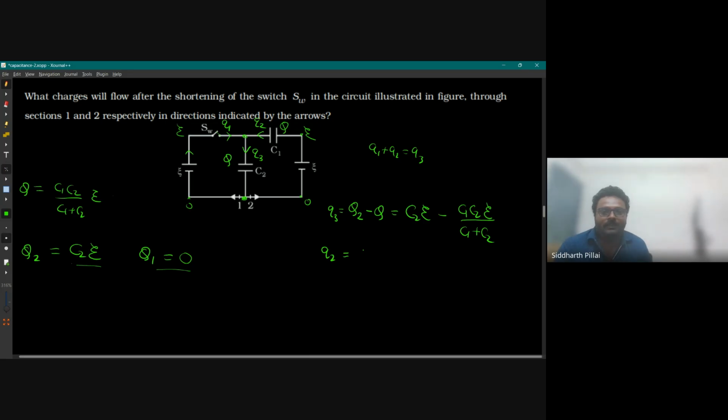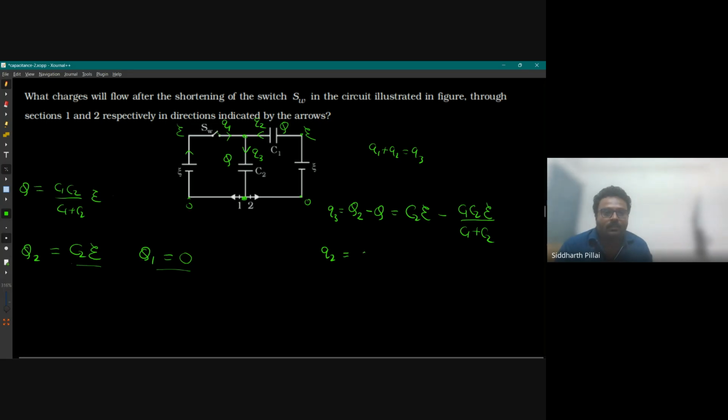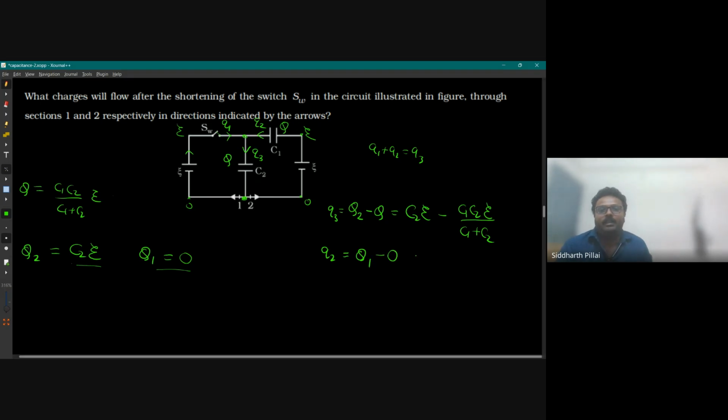We're looking at it in this direction, and it is losing charge. So I'll write it as 0 minus Q. Again, final minus initial.